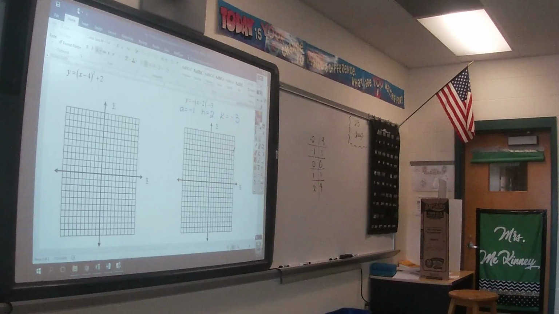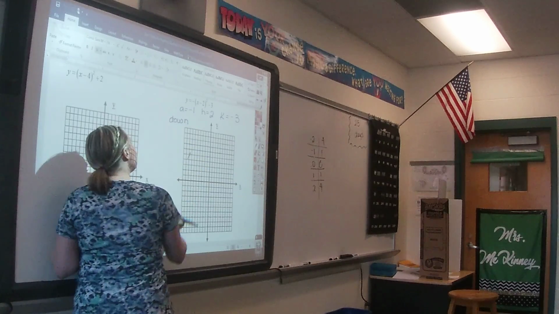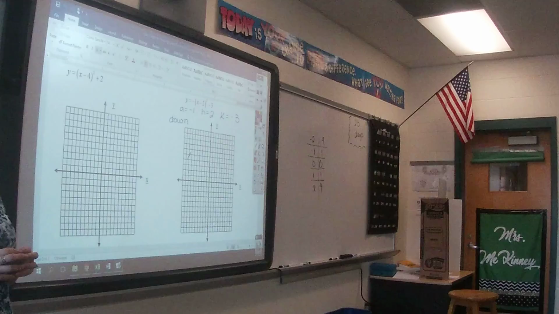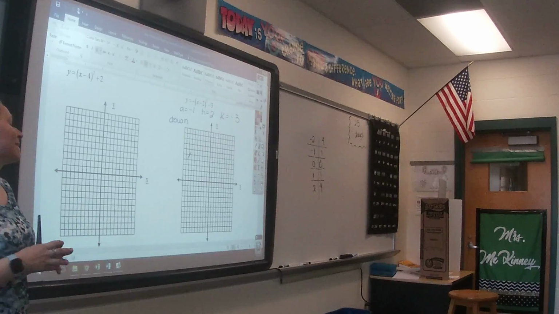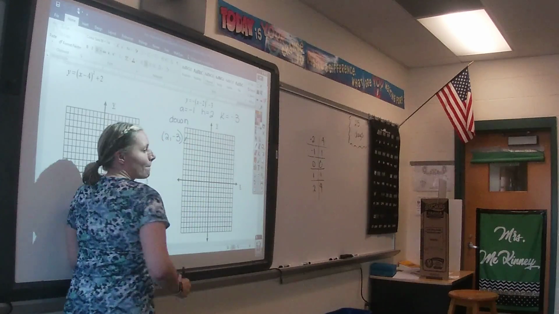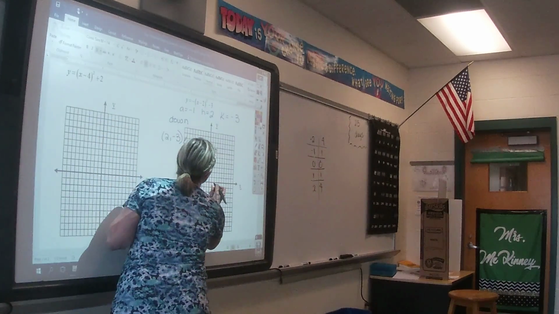Is this parabola going to open up or down? Down, because a is -1. What is our vertex going to be? (2, -3). So we're going to plot a point at (2, -3).